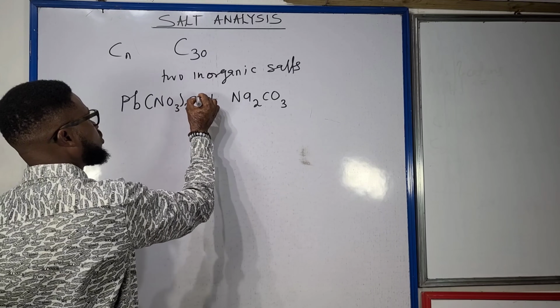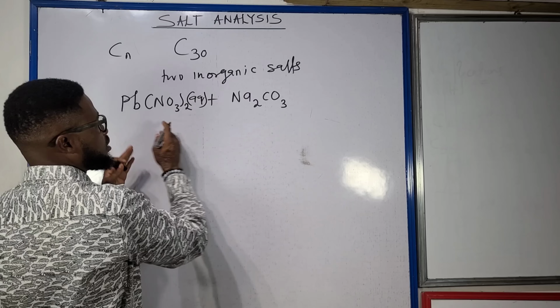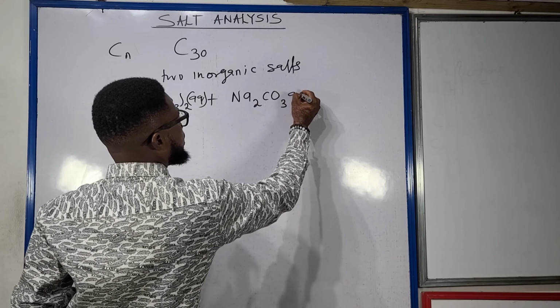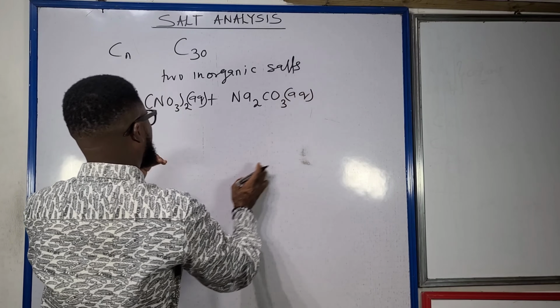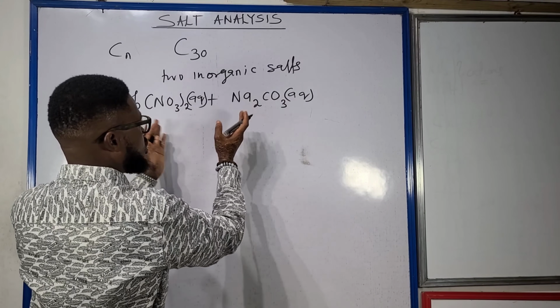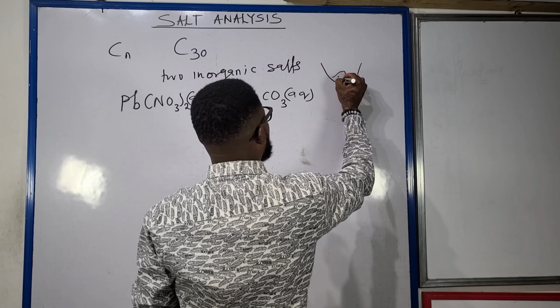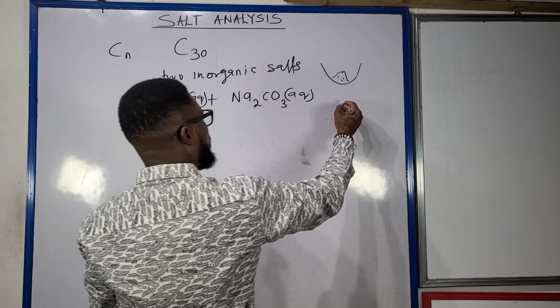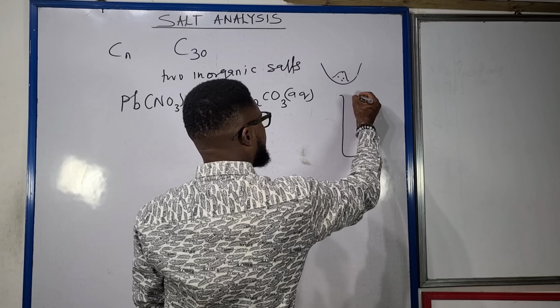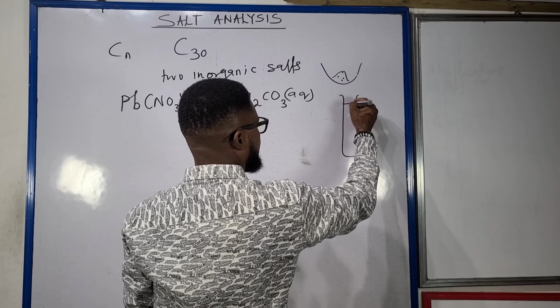Now, the state of this, when we dissolve this in water, that's in aqueous form. Now, we're going to be given the solid sample. So let's say, okay, this is a solid sample. You're going to have to dissolve this in water.